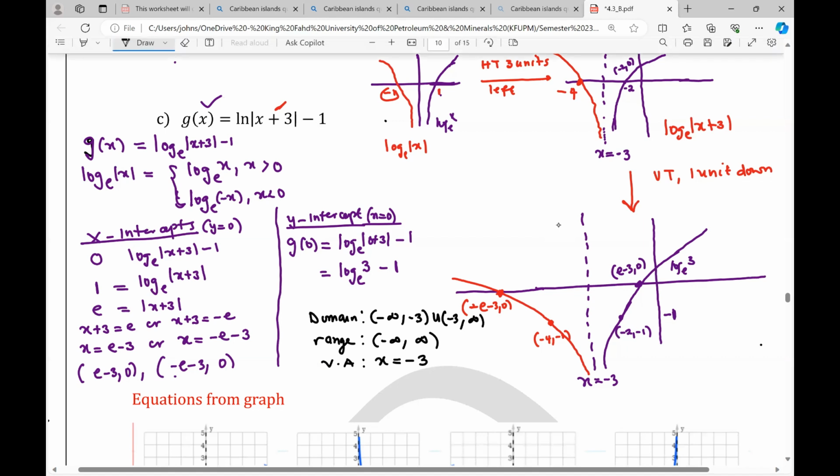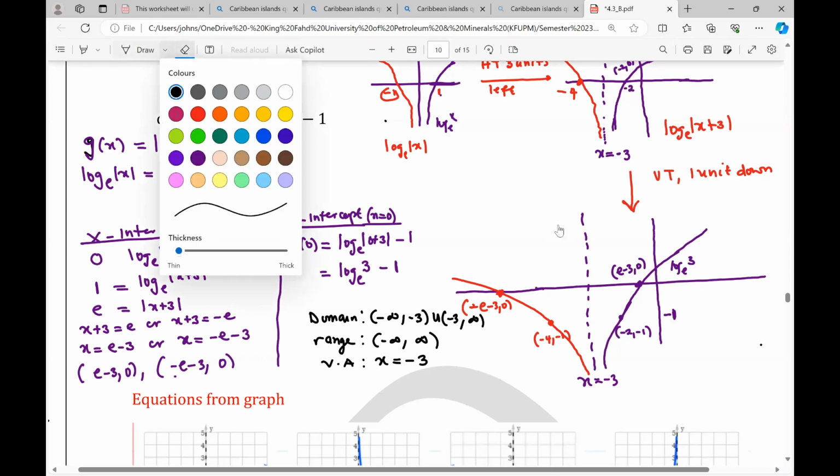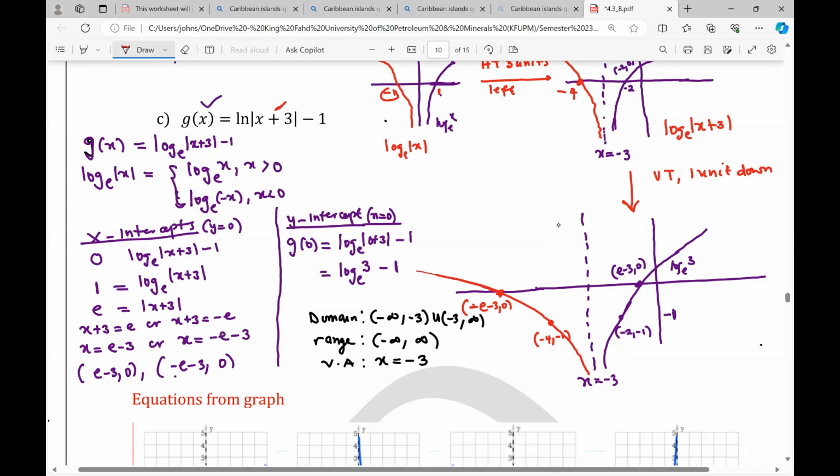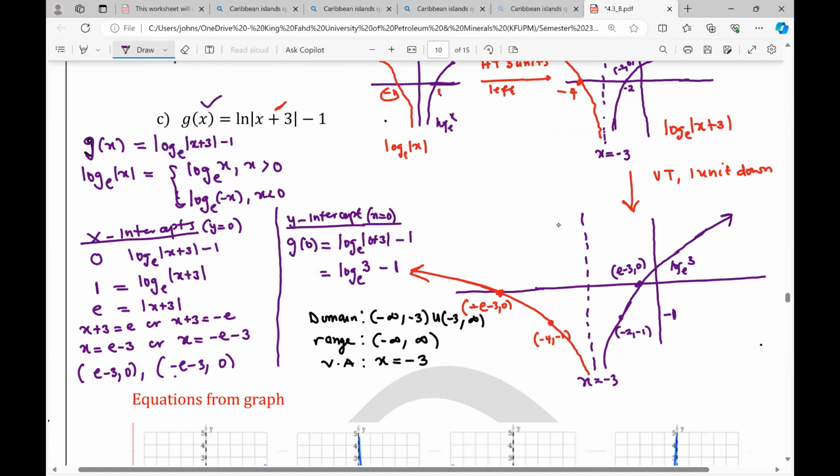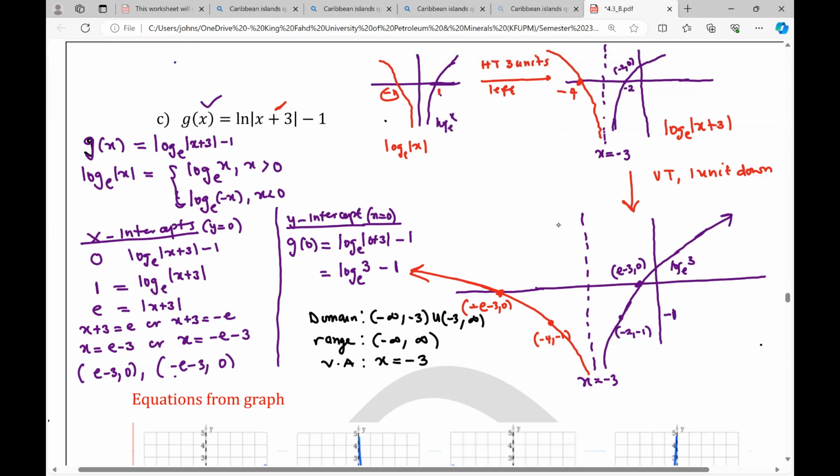And we already have the x-intercept and the y-intercept. So I hope this is clear. But this one will keep going, right? Yes. So I think one thing we need to explain here is, look at this y-intercept, log to base e of 3.